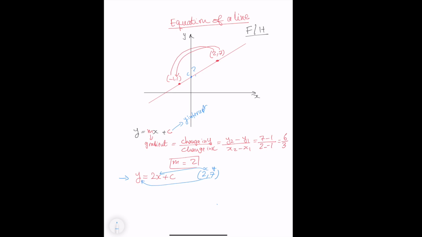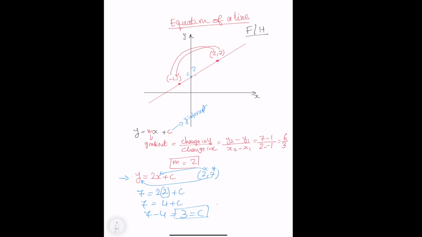And then what do you have now? 7 equals 2 multiplied by x, which is 2, plus c. So 7 is equal to 4 plus c, which means 7 minus 4 equals 3 equals c.